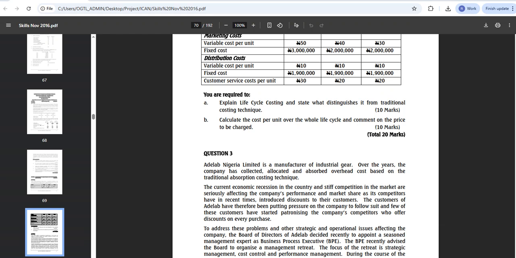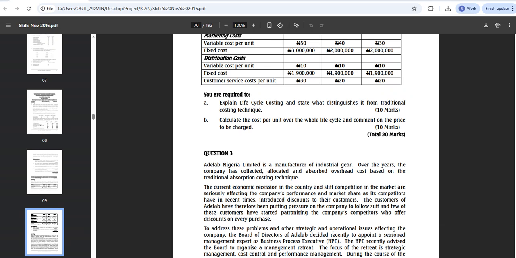So for those who were not here before, life cycle costing itself has to do with the cost of a product throughout its whole existence, starting from the development stage up to the withdrawal stage. Yes, we discussed that. That is, what is the cost of that product at each stage.